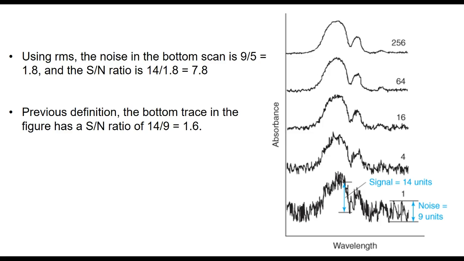If we use RMS, the signal to noise ratio at the bottom is 7.8. But by our previous definition, the signal to noise ratio was 1.6. Well, it doesn't look like it's 1.6 to me. That looks like trash, or as we would say, noise.